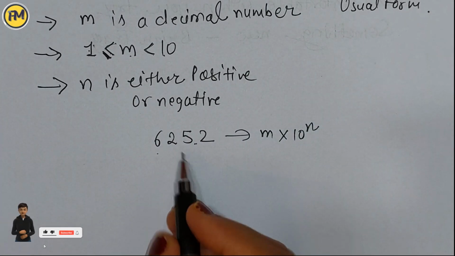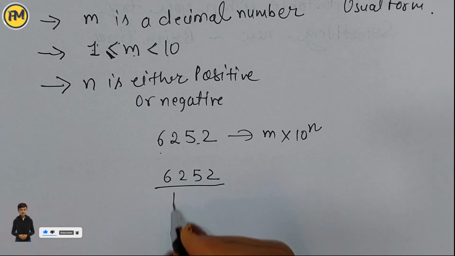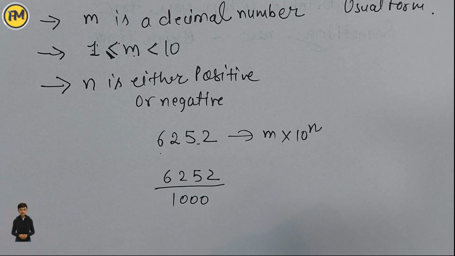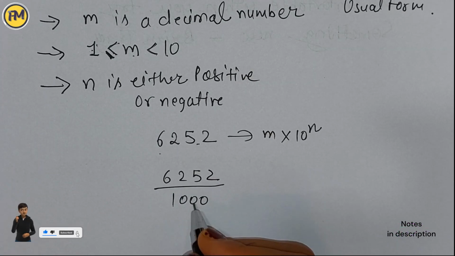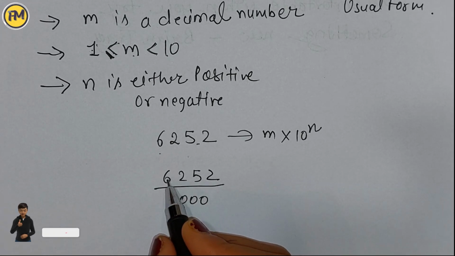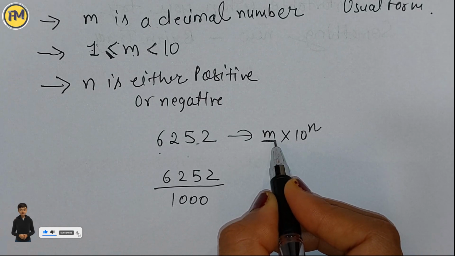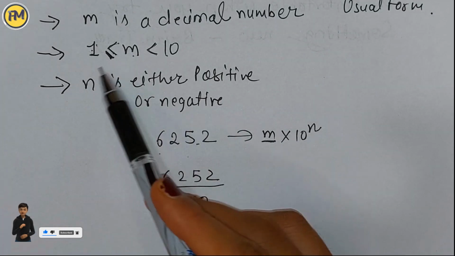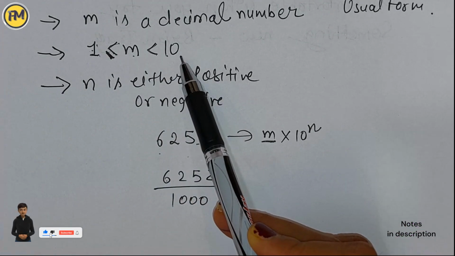So we will divide this number 6252 by 1000. But now you may be thinking, why are we dividing by 1000? We know the condition: m can be equal to 1 or greater than 1 and less than 10.